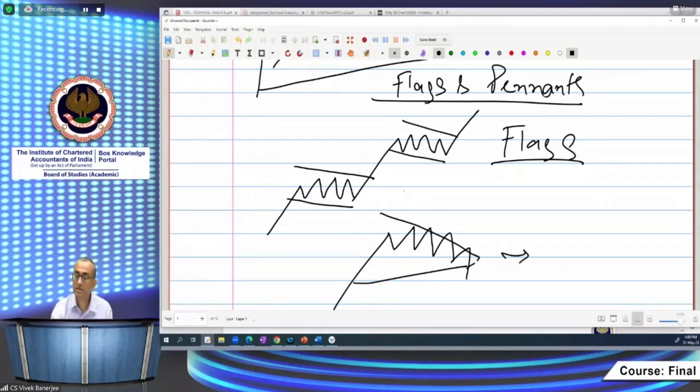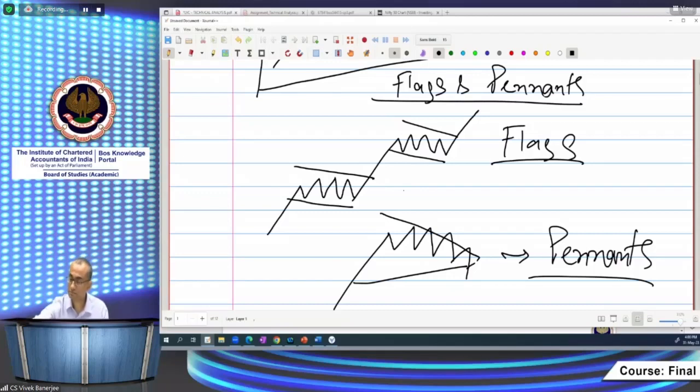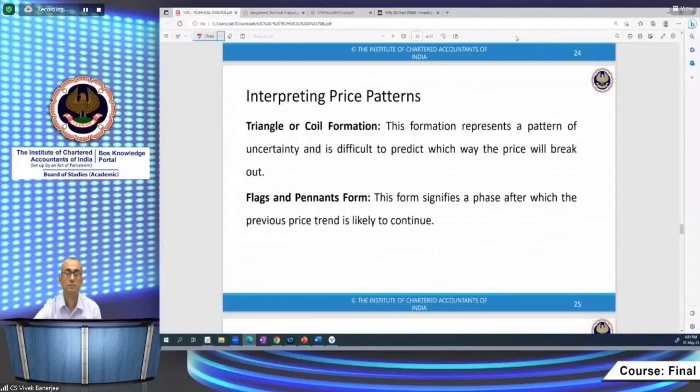This is basically pennants. So flags and pennants signify a phase after which the previous trend is likely to continue.